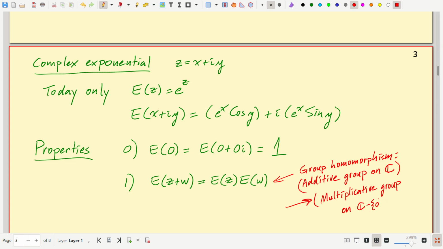Sometimes that's called C star. And in fact, being that group homomorphism pins down the complex exponential.